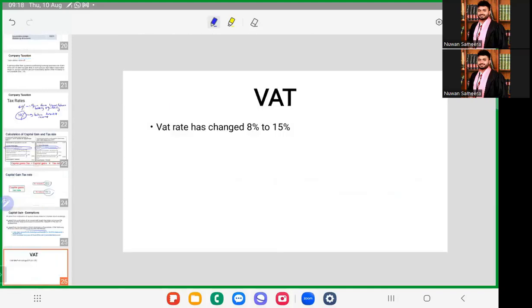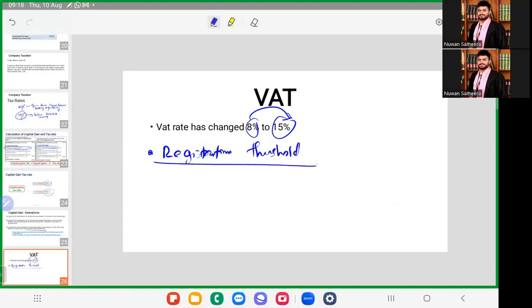So what are the changes to VAT? What you need to know is that the VAT rate has changed from 8% to 15%. That's all, right? There is one other difference: the registration threshold. The registration threshold was 75 million per quarter and 300 million per year.